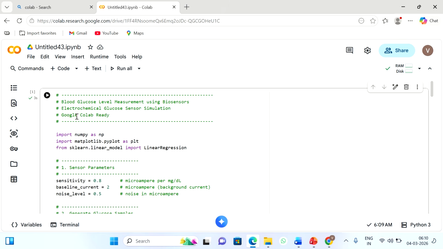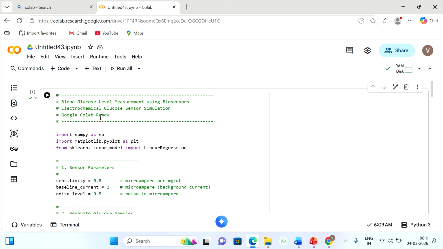Then linear regression finds the calibration equation using I = MC + B. It is the standard formula where I is the current, C is glucose concentration, M is sensitivity, B is baseline current. So the unknown sample estimation is done. It uses the inverse calibration equation to estimate glucose level.